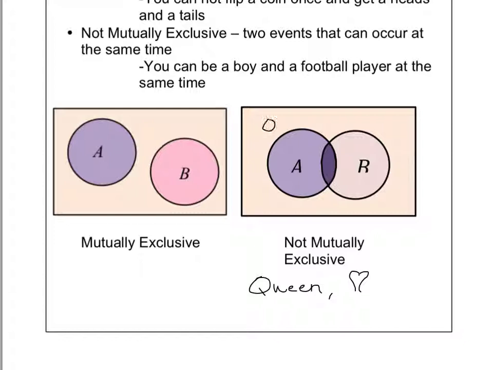This over here would be the queens, this would be the hearts, and the one thing that would overlap would be the queen of hearts right here. It's both a queen and a heart at the same time. That's not mutually exclusive. That's going to tie into how we find probabilities of things where the things overlap.